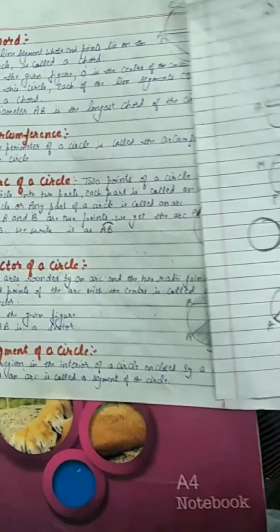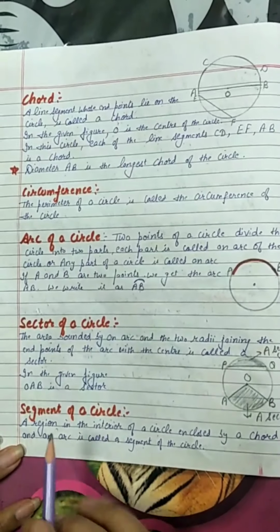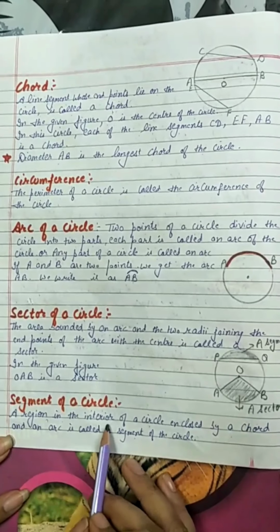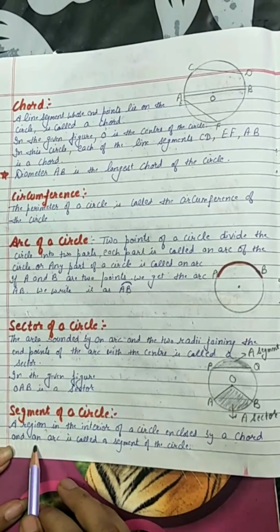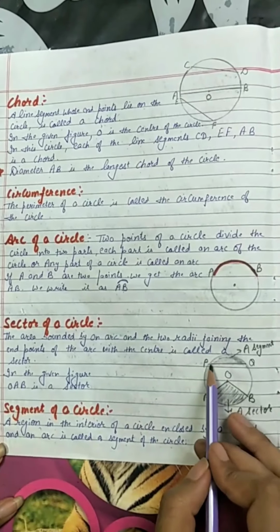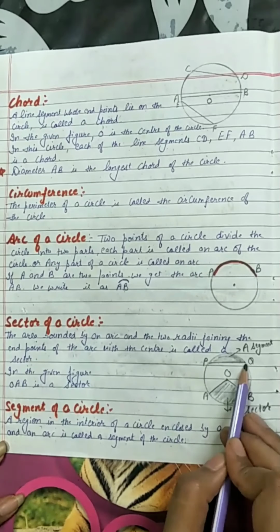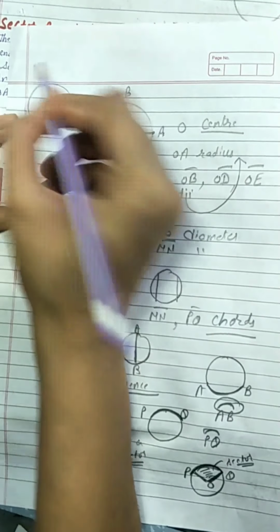Okay. Now the last topic is segment of a circle. A region in the interior of a circle enclosed by a chord and an arc is called the segment of the circle. In this figure, this PQ is a segment. How? See here. This is a circle.